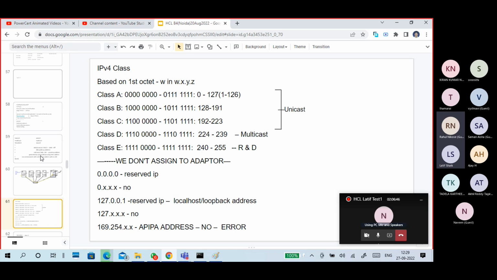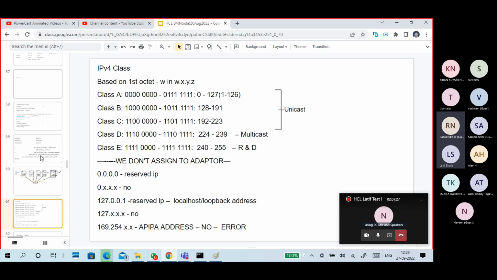Class A, class B, and class C are unicast addresses. Generally, we can assign these IP addresses to any adapter, either manually or through DHCP, except the 0 series, the 127 series, and the 169.254 series.